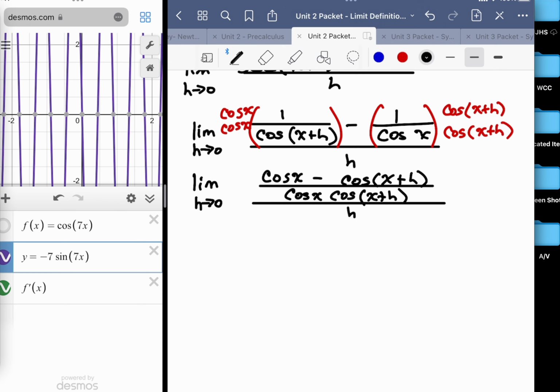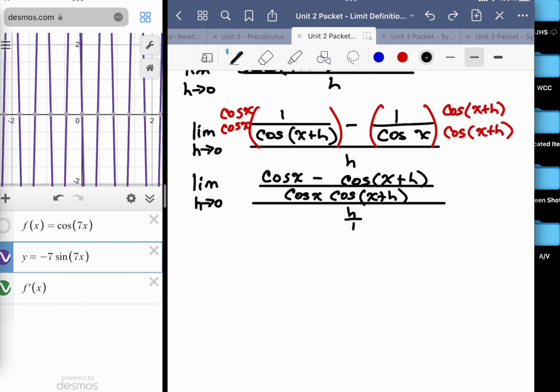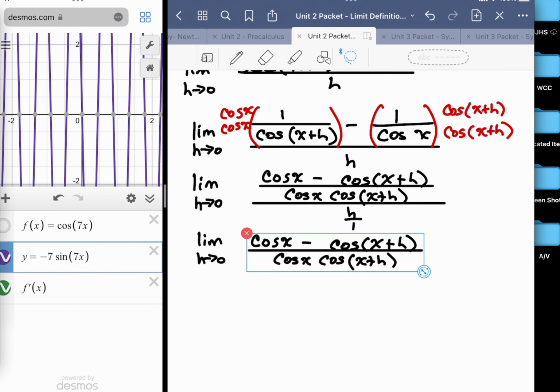But that over h part can be written as h over 1. You could actually save yourself a step there, because that keep change flip action is going to put the h in the bottom of the numerator fraction. So you'd be looking at limit as h approaches 0 of really just all this stuff again, just with an h on the bottom after the keep change flip.